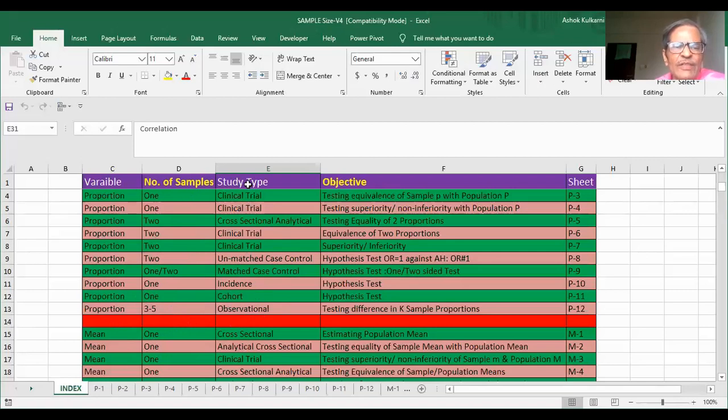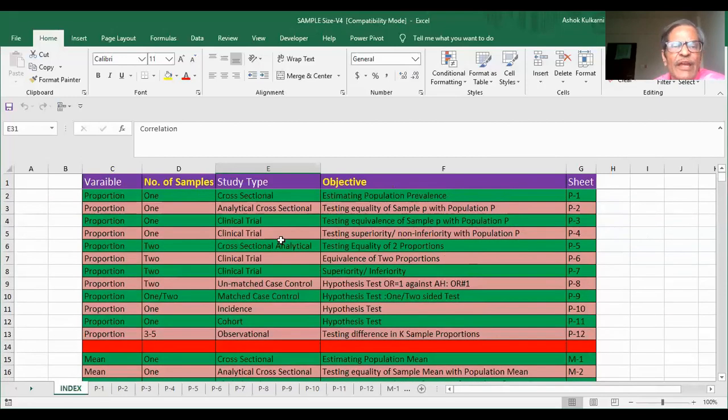Then you have to check the study type, whether it's a clinical trial or an unmatched case control study or a matched case control study, and whether it is testing the superiority or non-inferiority hypothesis or equality of two proportions, and like this. And this gives you the sheet number.